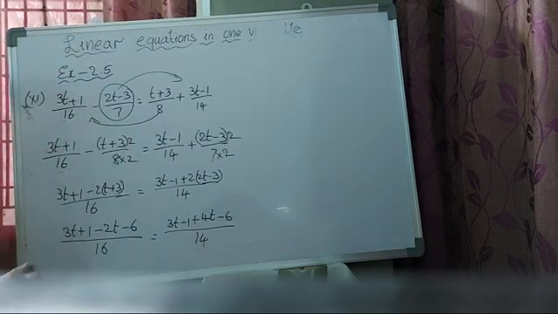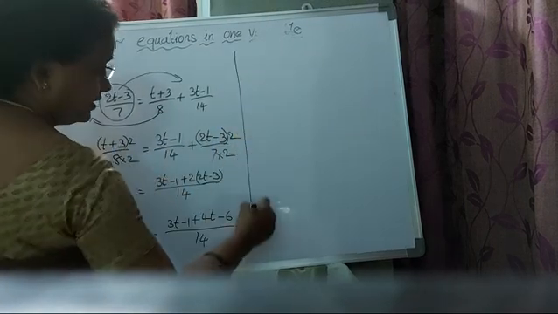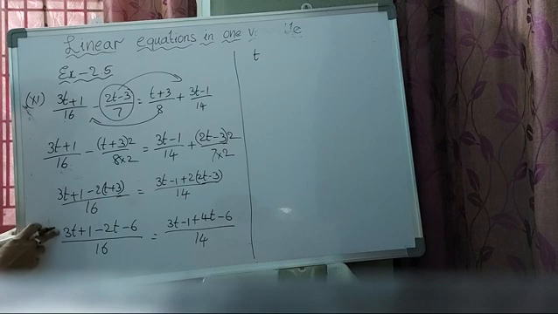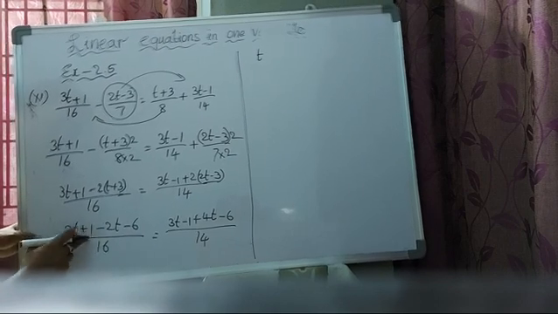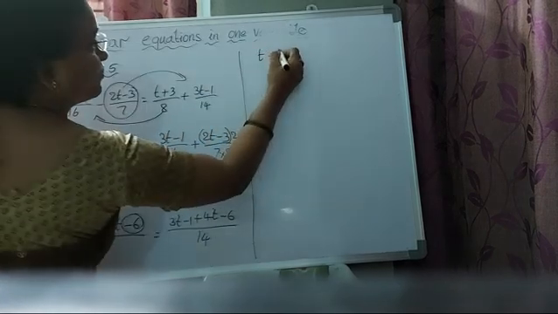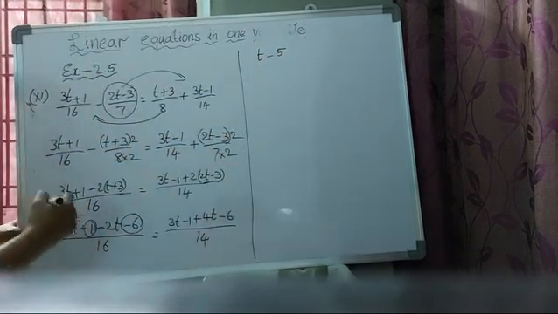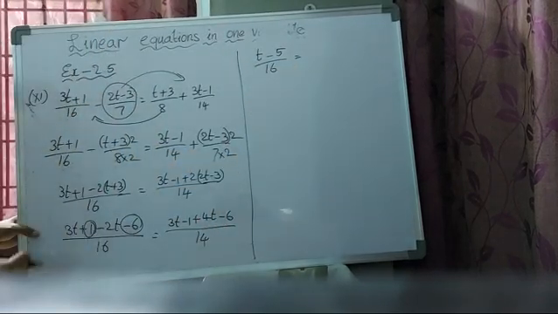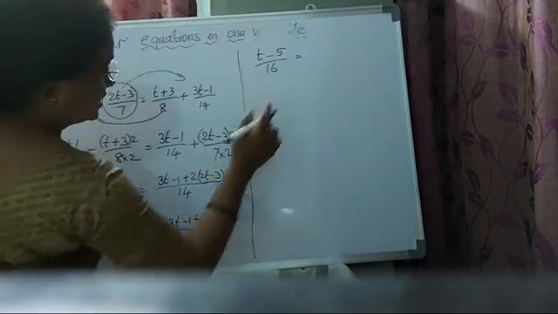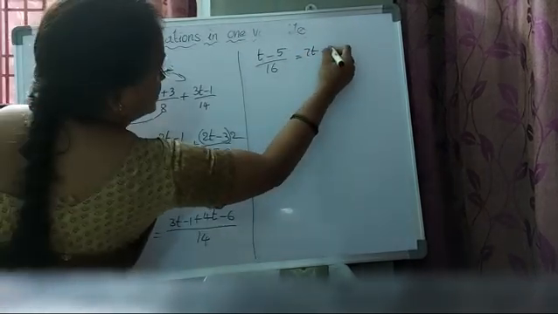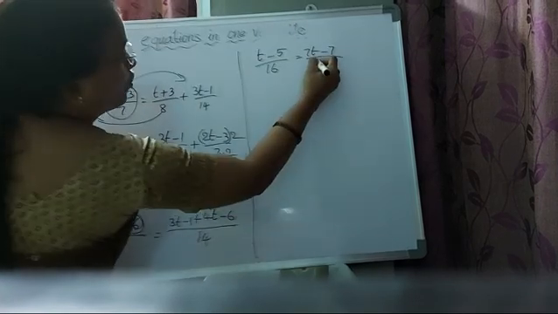Now see, same like terms: 3t minus 2t, t only. 3t minus t, t. Before the big number plus is there, so plus. Constant terms: plus 1 minus 6 is minus 5, so minus 5 by 16 is equal to, before the big number minus is there. Here 3t, 4t: 7t minus 1 minus 6, minus 7 by 14.